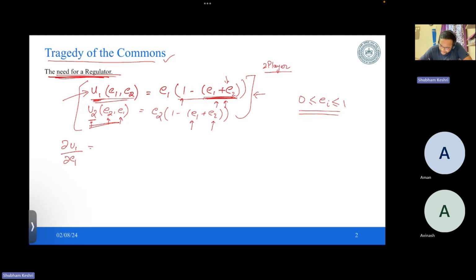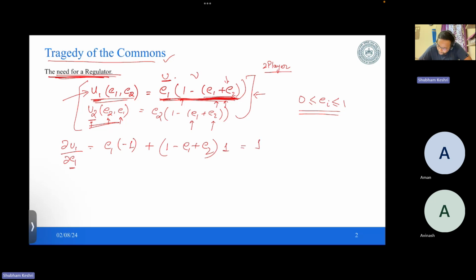We'll write this as, so this is actually u times v. And if you know how to differentiate a function of u times v, it will be keep u as it is and then differentiate v with respect to e1. So it will be e1 times minus 1, plus keep v as it is, (1 minus e1 minus e2), and then differentiate e1 with respect to e1, which will be 1.